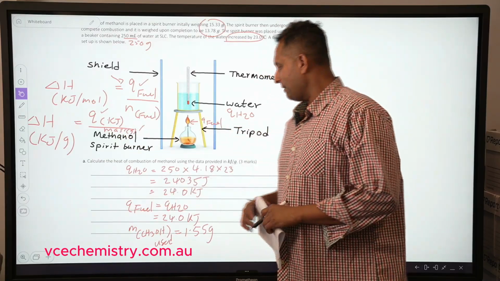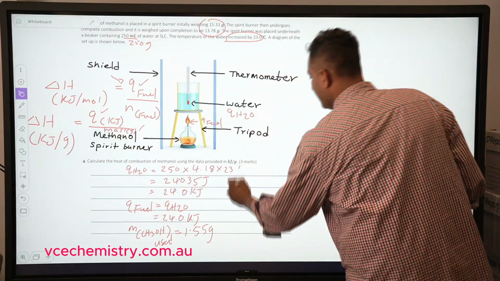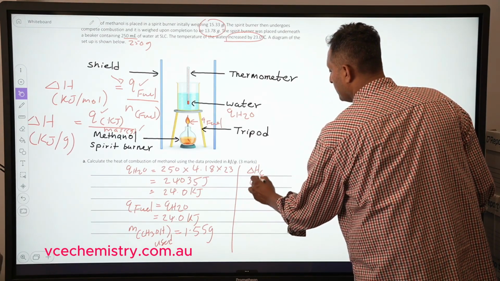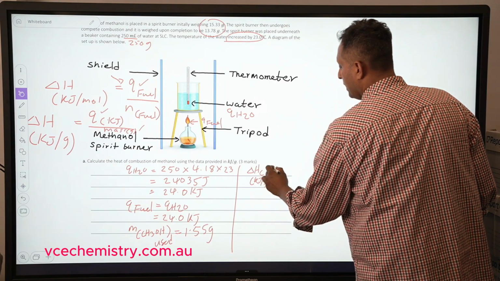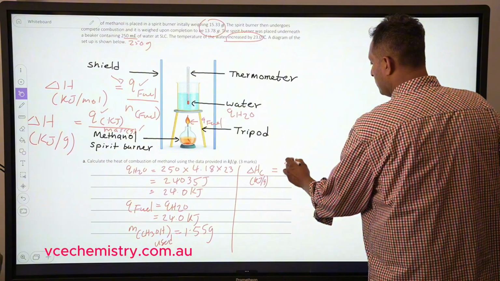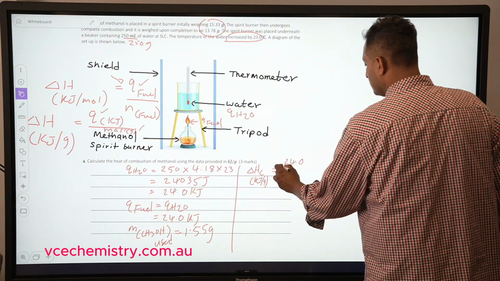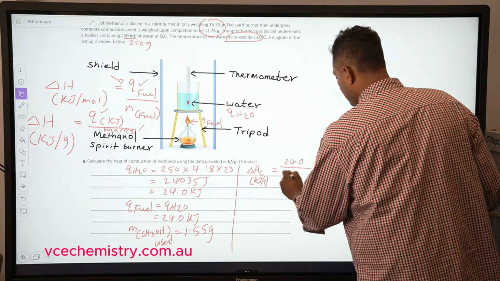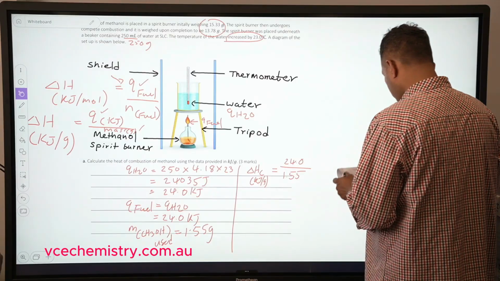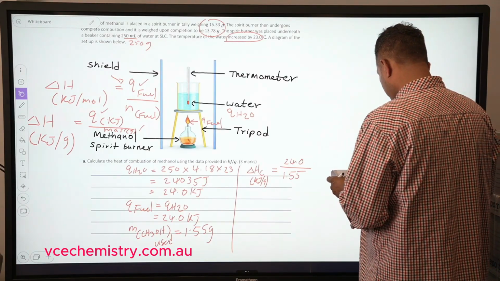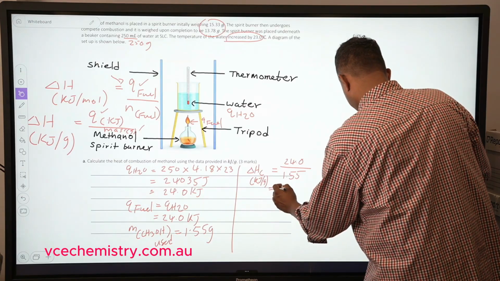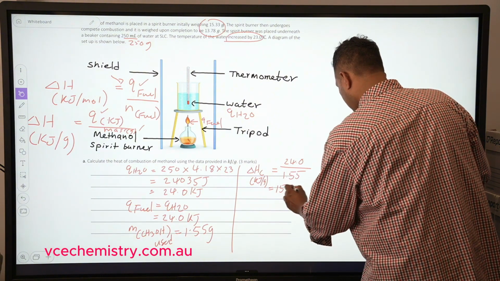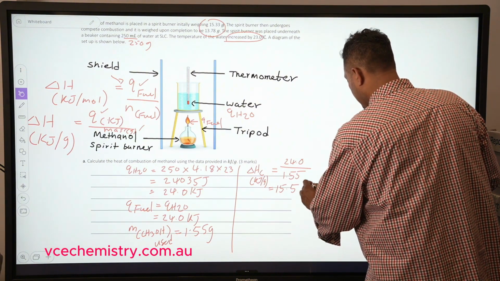Now we got both the values needed to find the heat of combustion in kilojoules per gram. Therefore delta H, heat of combustion in kilojoules per gram, is going to be 24.0 kilojoules divided by 1.55, which is equal to 15.5 kilojoules per gram.